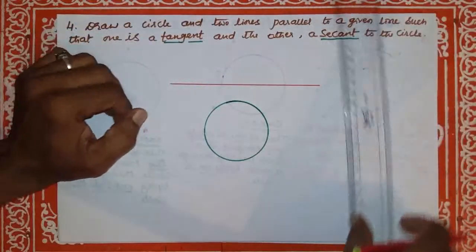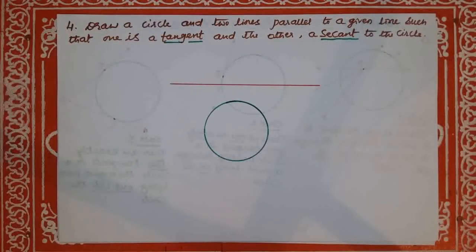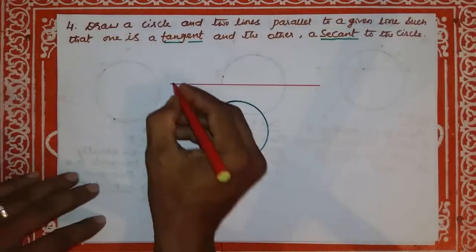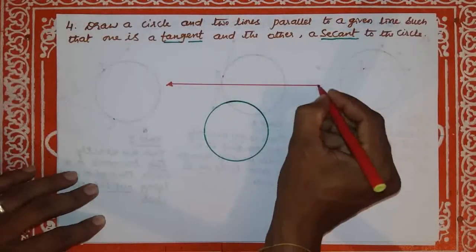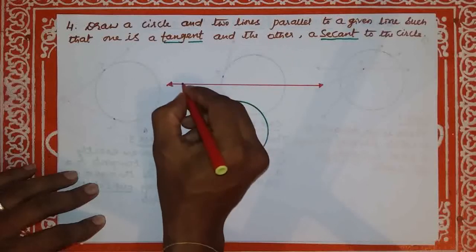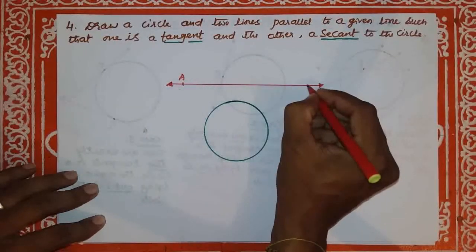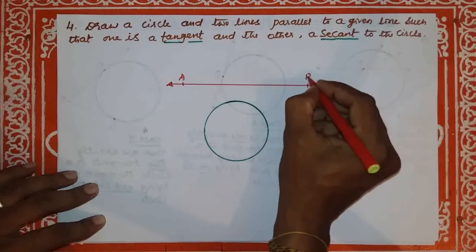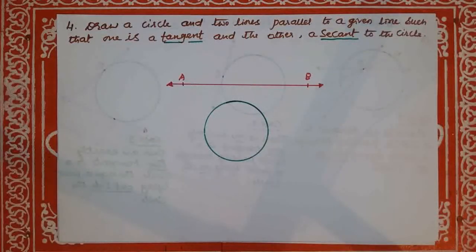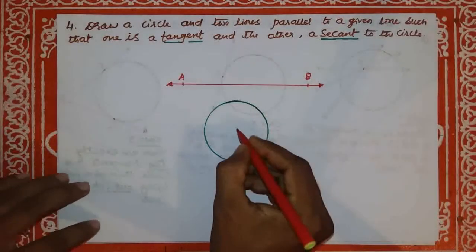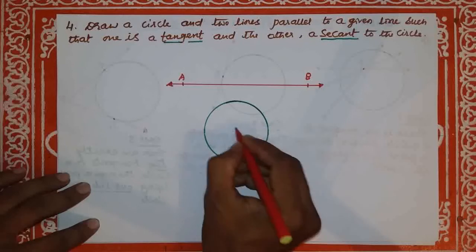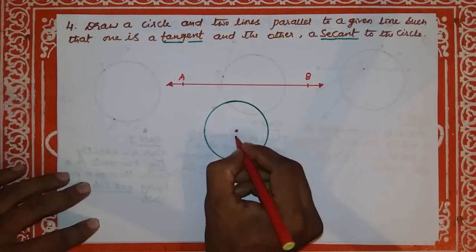Mention the name AB. Next, we consider the center as O.